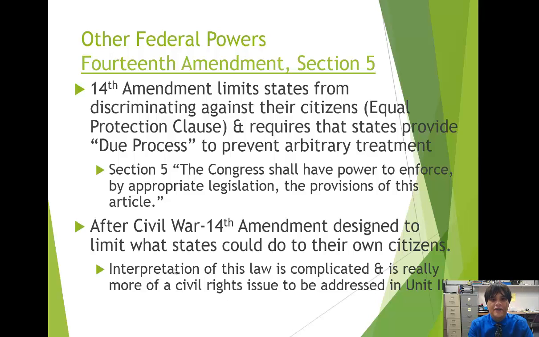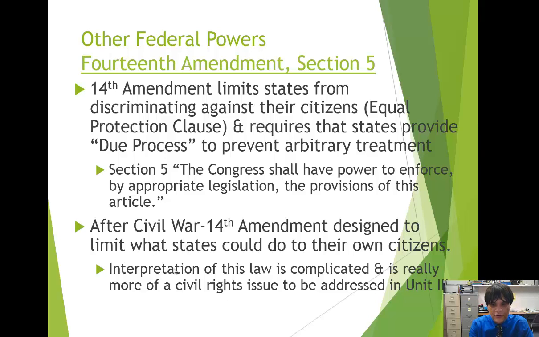Section 5 of the 14th Amendment was the very first time that we'd added more powers to Congress or to the federal government. It states that the Congress shall have power to enforce by appropriate legislation the provisions of this article. Now, this was very important because it was giving Congress a new power, specifically to impede on the states a little bit, to enforce equal protection of the law to all citizens, regardless of what state they're in.